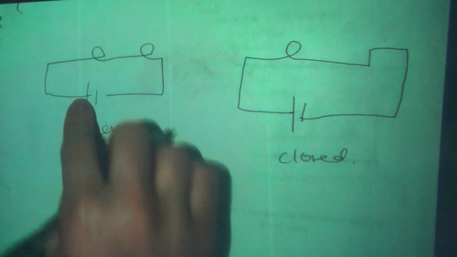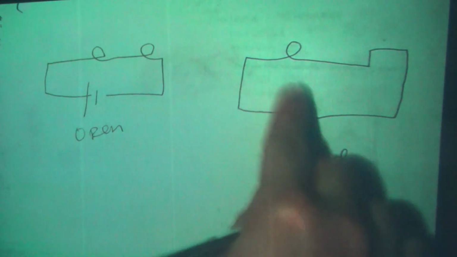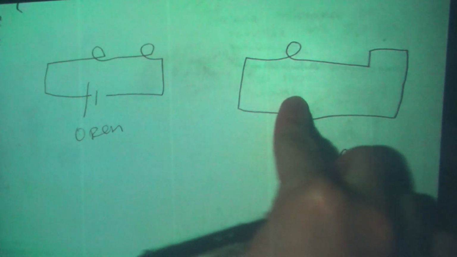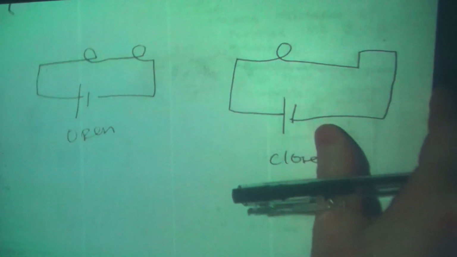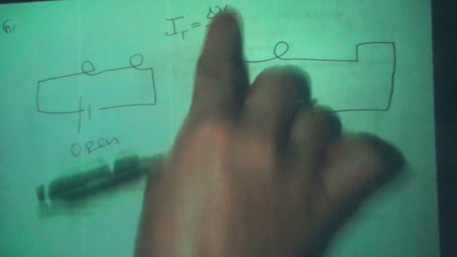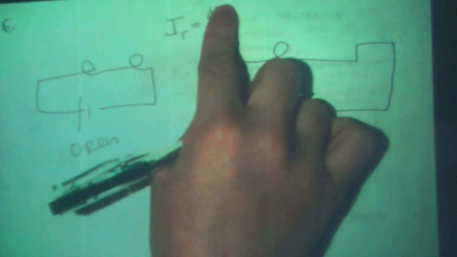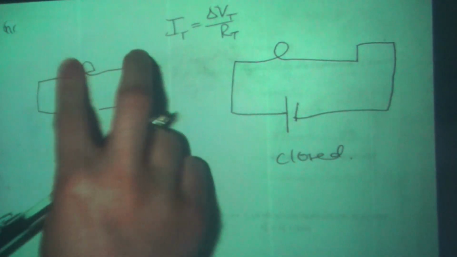What happens to the current through bulb A? Well, the current through bulb A at first was the total current of the circuit. Current through bulb A here is still the total current of the circuit, but this is a different total current. I think about it as, okay, I total is total voltage over total resistance. It's still the same battery, so I still have the same total potential difference, but now I'm dividing by only the resistance of one bulb instead of two bulbs.